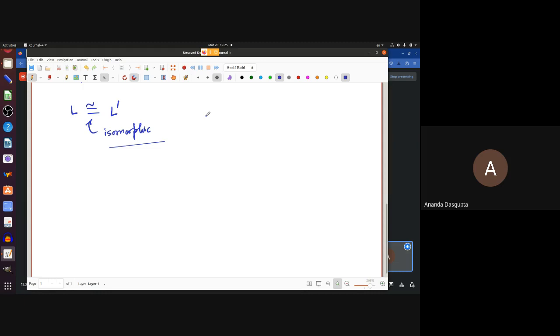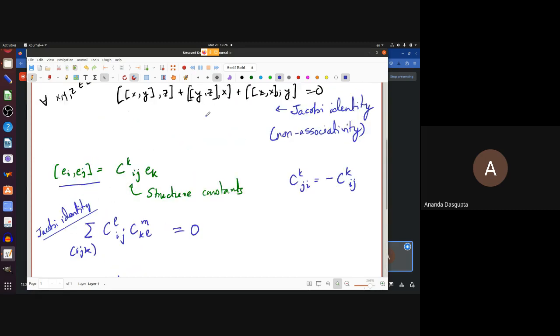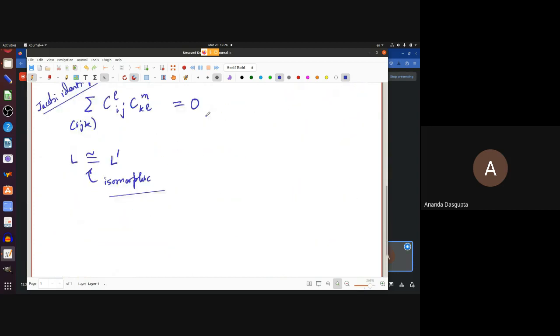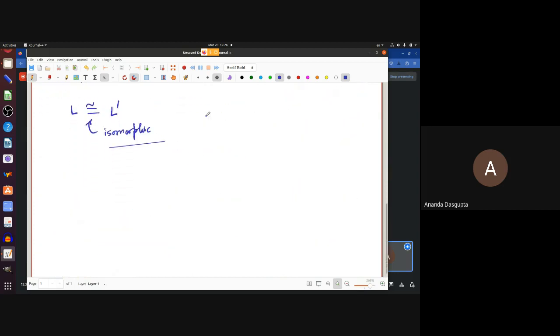That better be. But right now, we are not even talking about Lie algebras in the context of Lie groups. You have just been given 2 different vector spaces, L and L prime, on which 2 different bracket operations are defined, each of which is a genuine bracket. That is, obviously, all those properties, these properties. Okay. Now, how do you decide that they are isomorphic to each other?